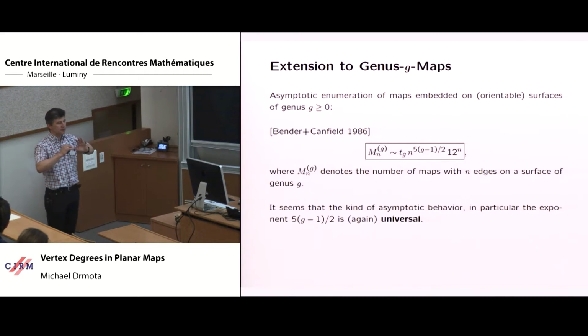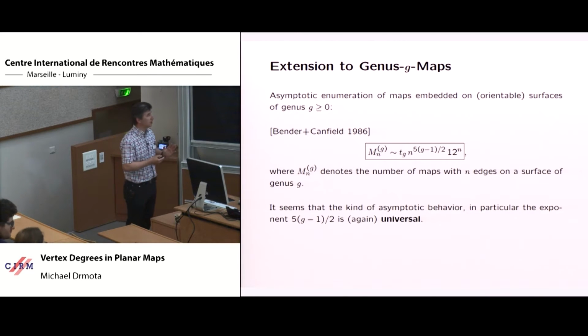This kind of problem also has a long history, and I just mention the first result, of Bender and Canfield, I think, from 1986, where they proved this kind of asymptotics for the number of maps with n edges on a surface of genus g, and you can see the kind of asymptotics.